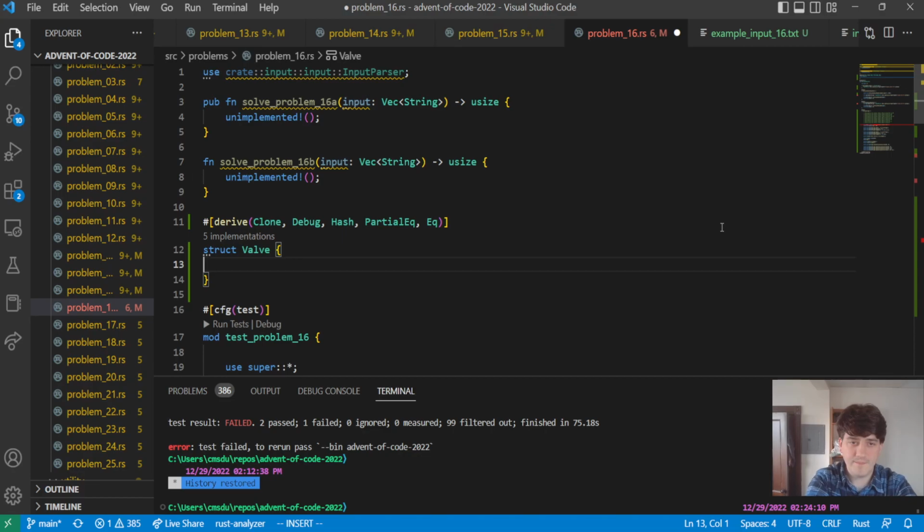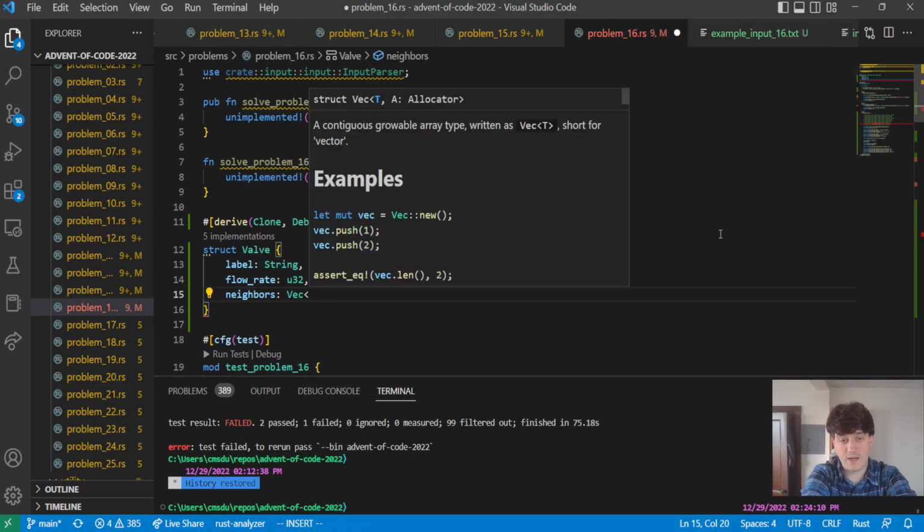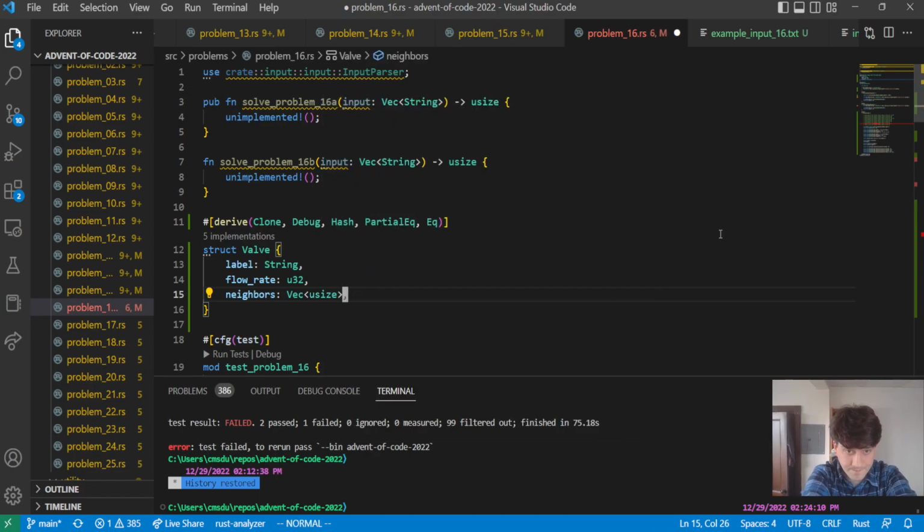It's going to have a vector in it. So it is going to have a label, which will be a String. It's going to have a flow rate, which is going to be a u32. It's going to have neighbors, which is going to be a Vec of usize.